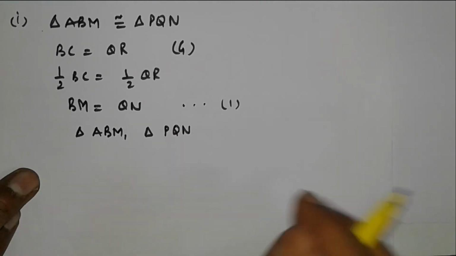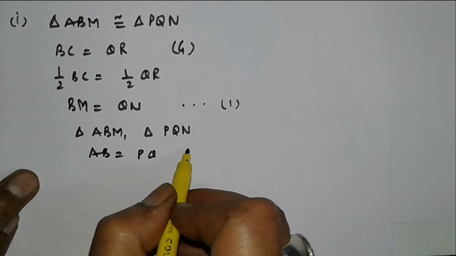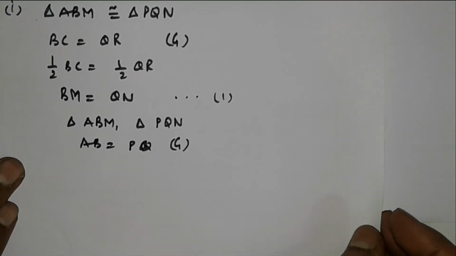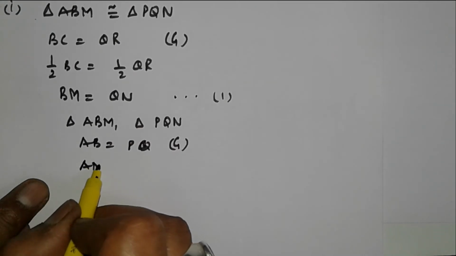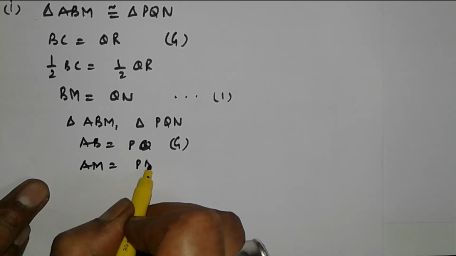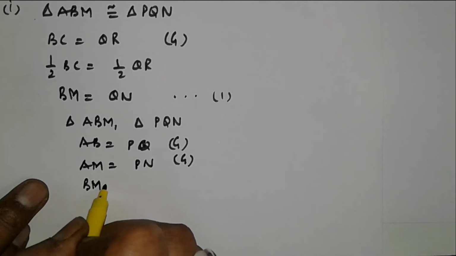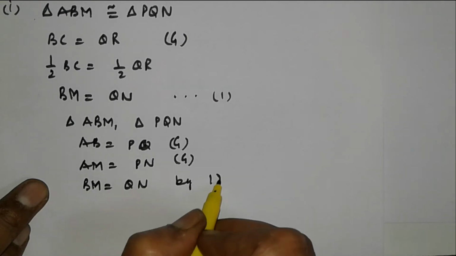In these two triangles, AB is equal to PQ, it is given, and AM is equal to PN, it is also given, and BM is equal to QN, it is by 1.